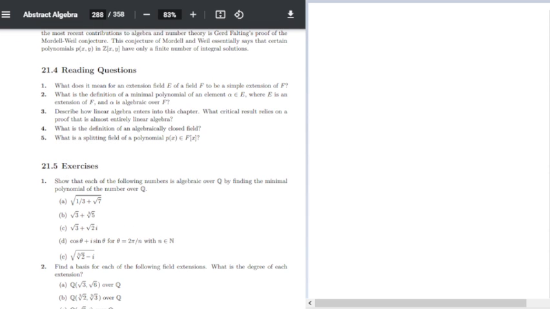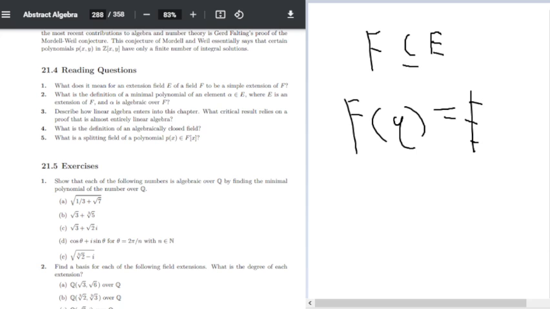Reading questions. What does it mean for an extension field E of F to be a simple extension of F? So for this, we let F be embedded in E, and we basically say that there's some a in E such that the smallest subfield of E containing F and a is equal to E itself. That makes the extension simple.